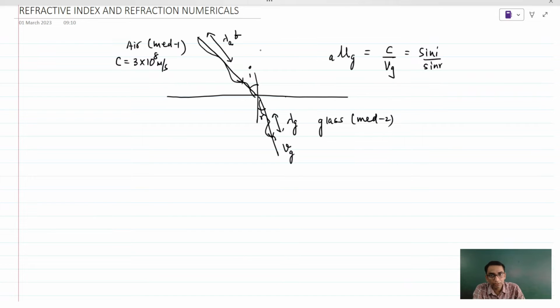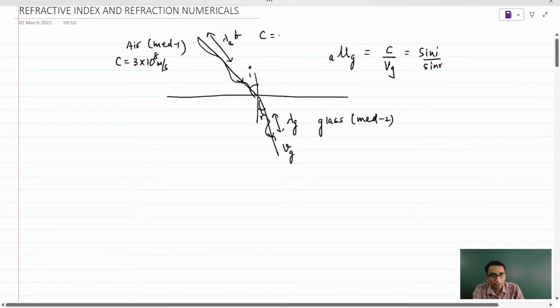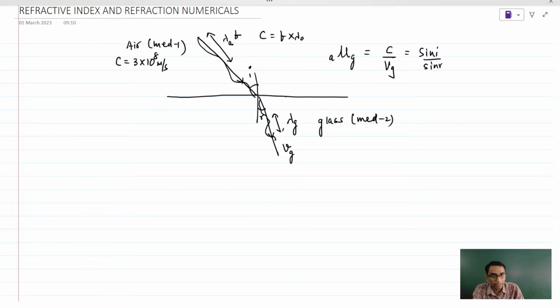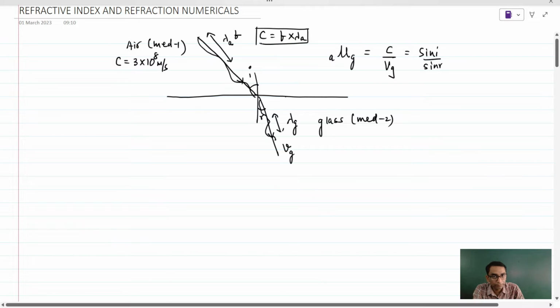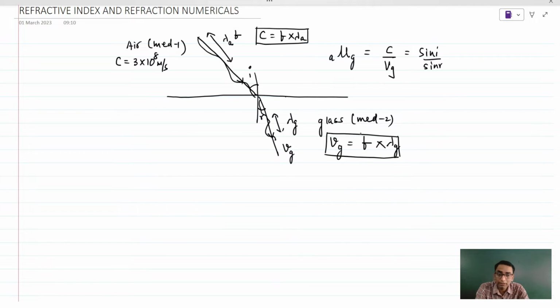And I can use very well the wave equation c is equal to f into lambda a in the first medium, because the wave equation says that speed is equal to frequency times the wavelength. Here also, the speed in the medium, that is v, is equal to f into lambda g. Frequency multiplied by the wavelength is the speed, but whenever you are plugging in the speed as speed in glass, then the wavelength will also be counted for the glass itself.